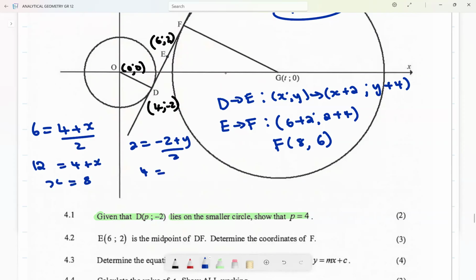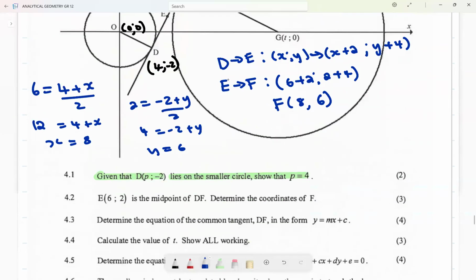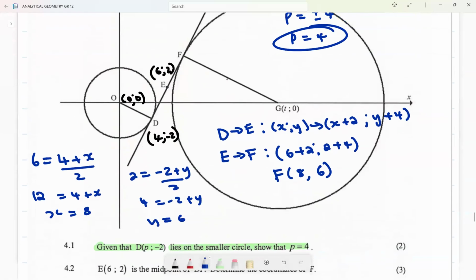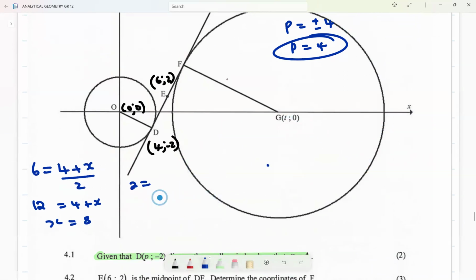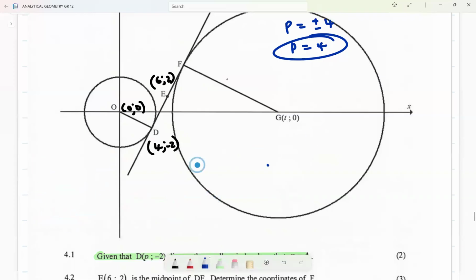For Y, 4 is -2 plus Y, so Y is equal to 6. The coordinates of F are 8 and 6.